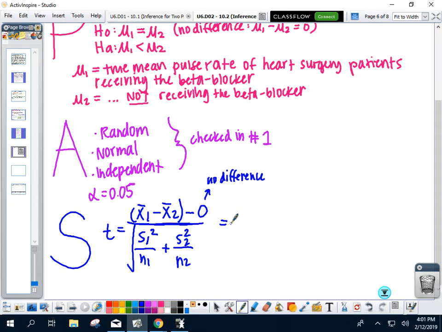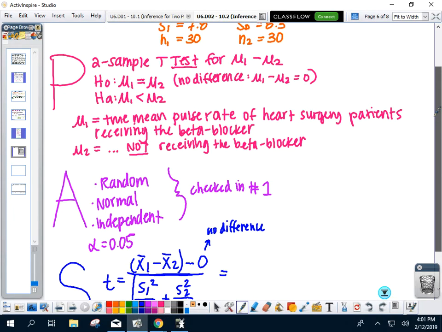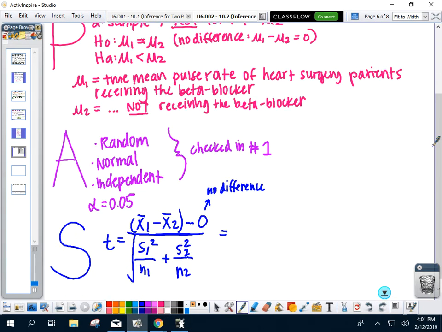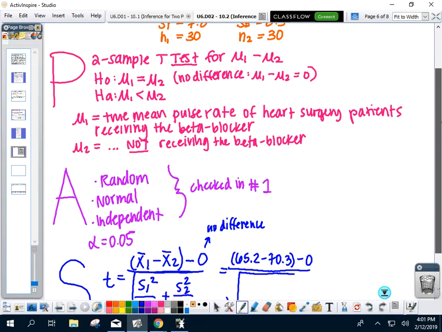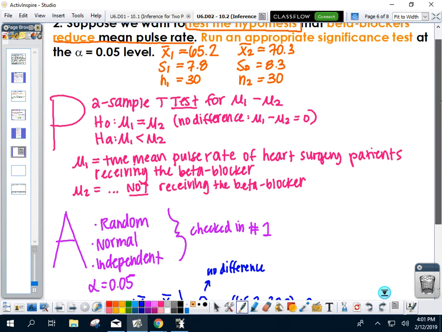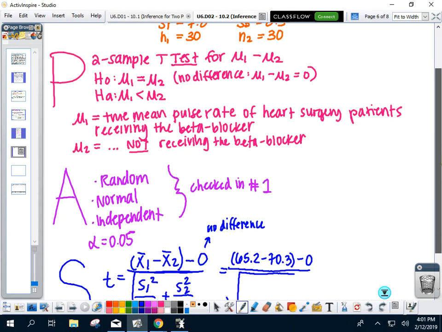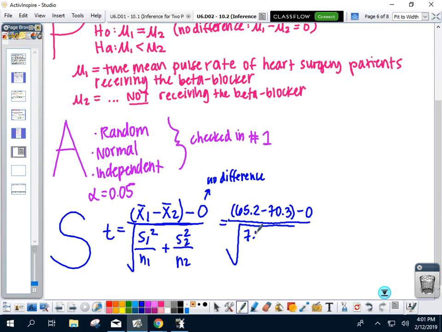That is going to equal 65.2 minus 70.3 minus 0 over the same standard deviation I used in my interval, but I still need to show my work: 7.8 squared over 30 plus 8.3 squared over 30.